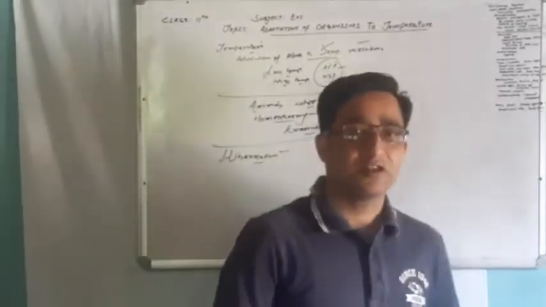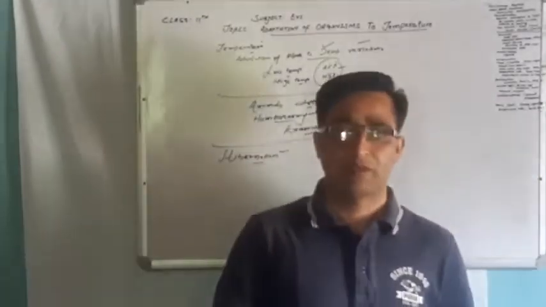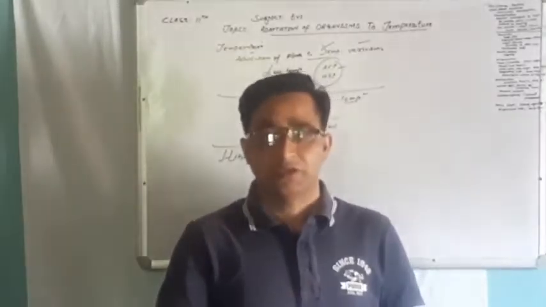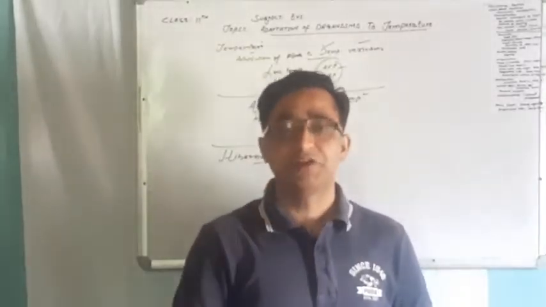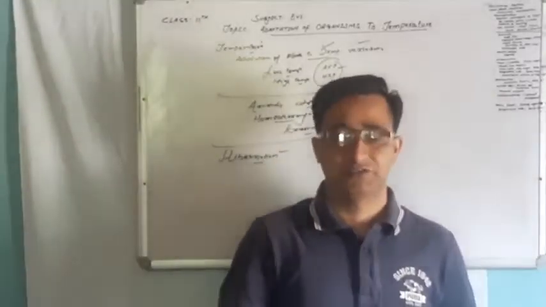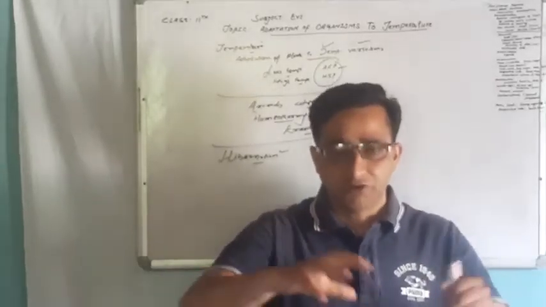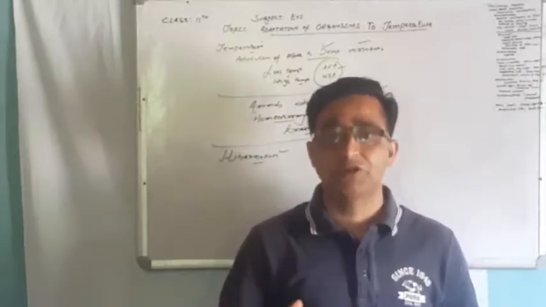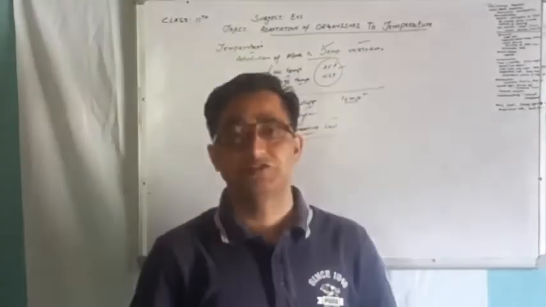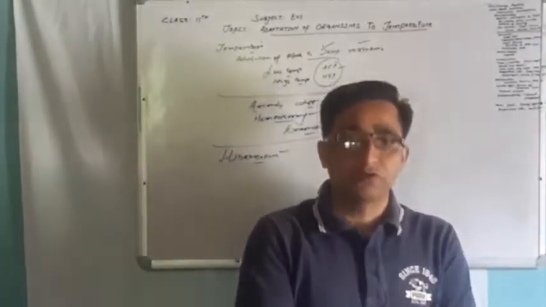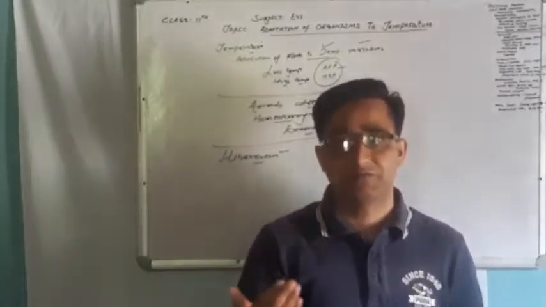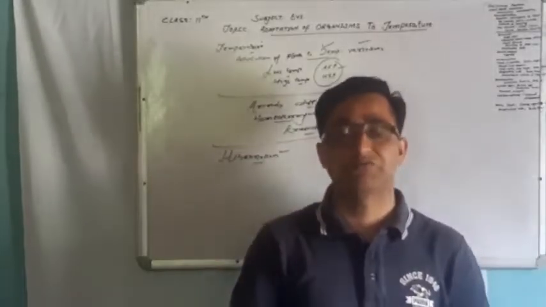Hibernation, basically there are many animals which actually undergo a period of dormancy during the extreme cold conditions. In order to avoid the extreme cold conditions, particularly during the winters, they undergo dormancy. That means they become inactive.